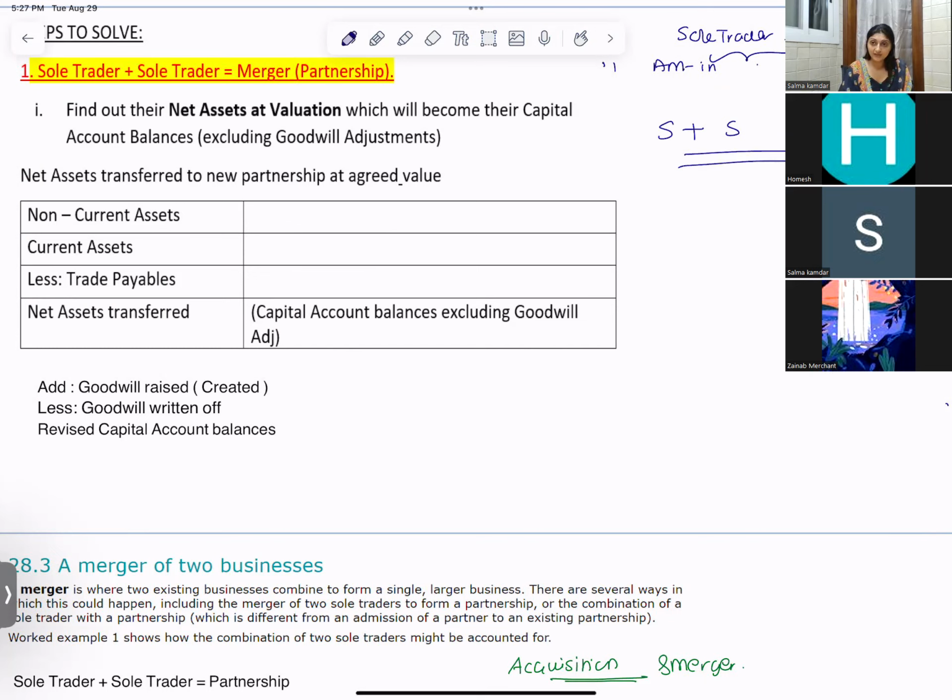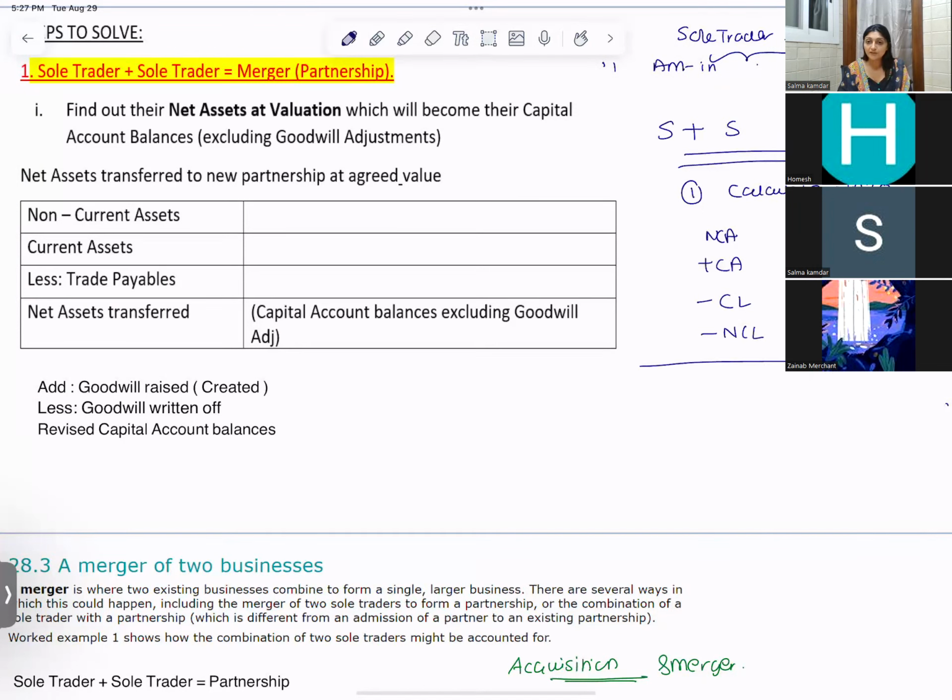Umesh, you tell me. First, you calculate NATO. How do you calculate NATO? We'll take the total non-current assets plus current assets minus current liability minus non-current liability.